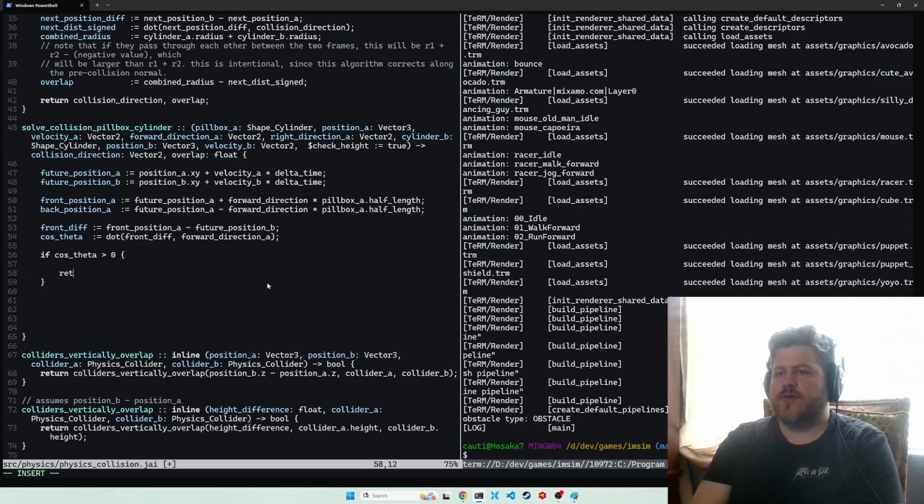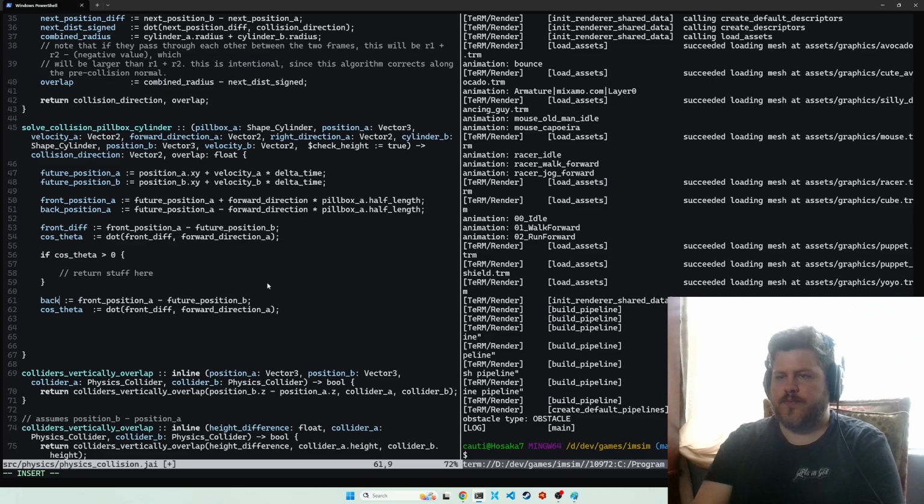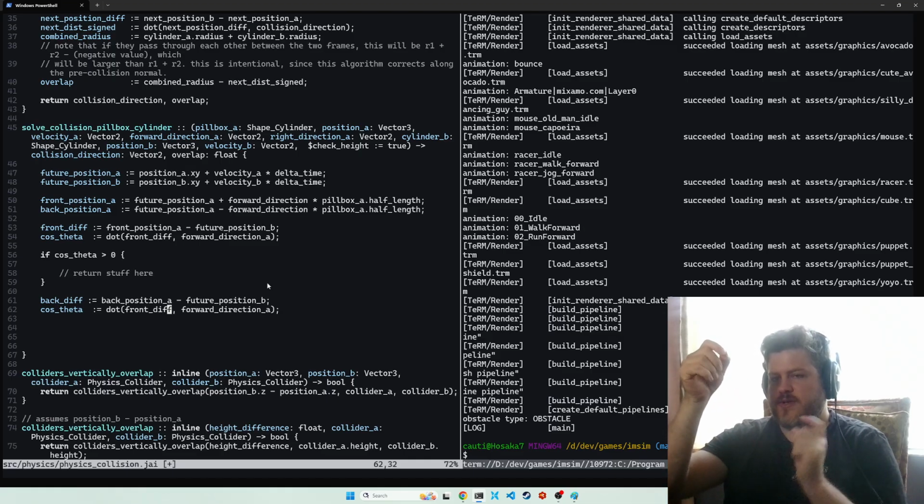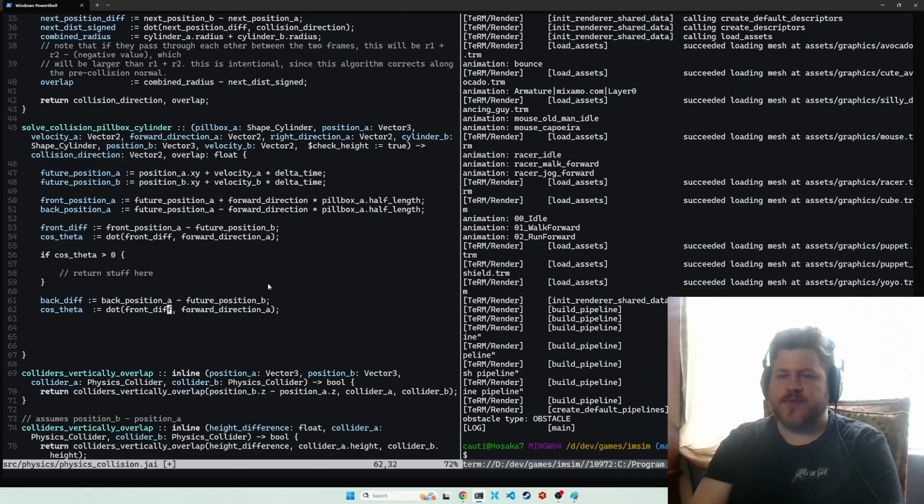And then we're going to say return and stuff. Okay. So back diff, it's the same thing but on the back side. You might think you could just take the negative of the front diff, but actually it's not quite the same because the front position is different than the back position, so you'll often get very, very different results.